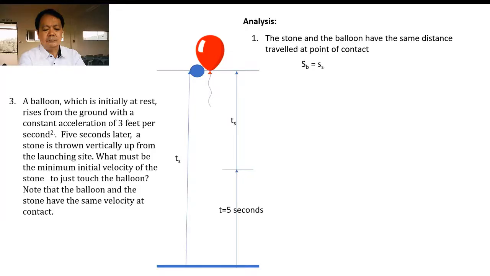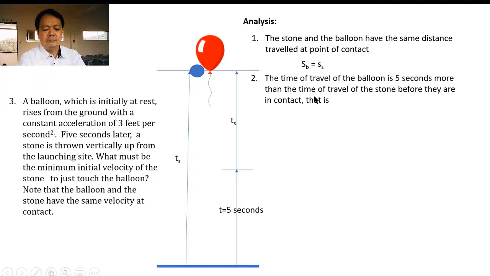So makita natin yan, the time of travel of the balloon is 5 seconds more than the time of travel of the stone before they are in contact, because the stone is released 5 seconds later. Hence, yung balloon will be traveling more than the stone, and it is 5 seconds more than the time of the stone. So that from there, the time of the balloon shall be equal to t plus 5. Diba? What else?